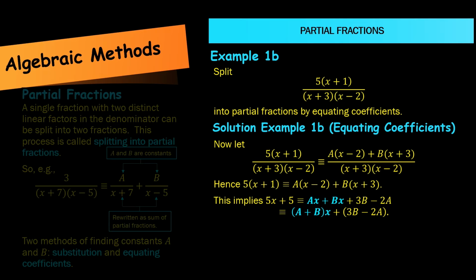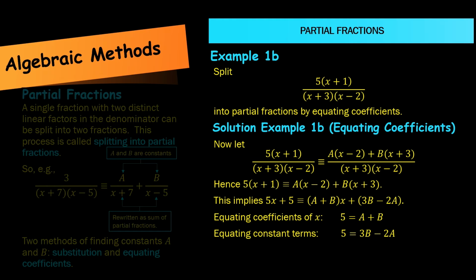In other words, (a plus b) times x plus 3b minus 2a. So equating the coefficients of x, we have 5 equals a plus b, and equating the constant terms, we have 5 equals 3b minus 2a.